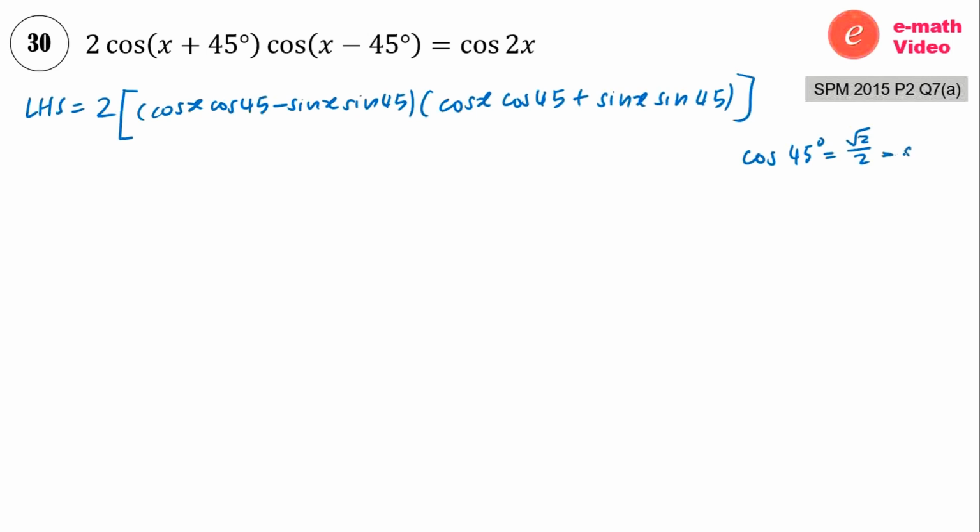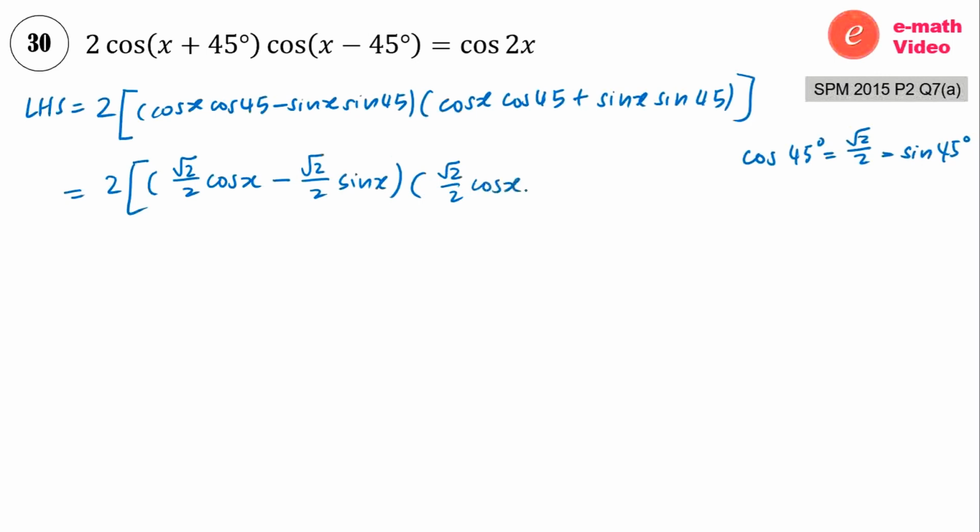And it's the same as sine 45 degree. So we will have a 2, square root 2 over 2 cos x minus square root 2 over 2 sine x. Then this one is square root 2 over 2 cos x plus square root 2 over 2 sine x.